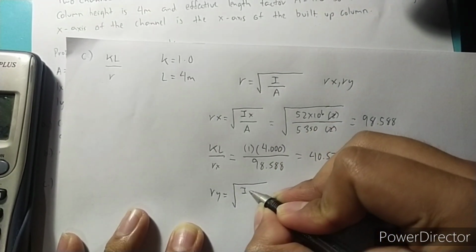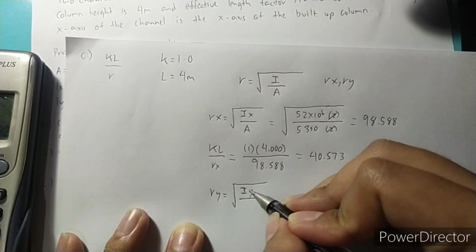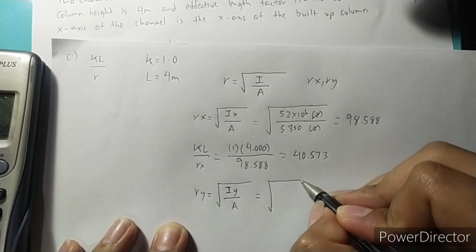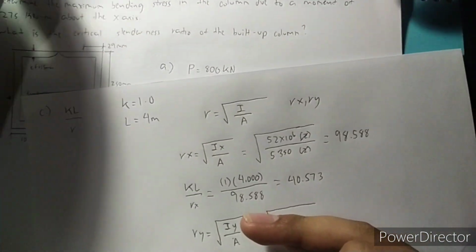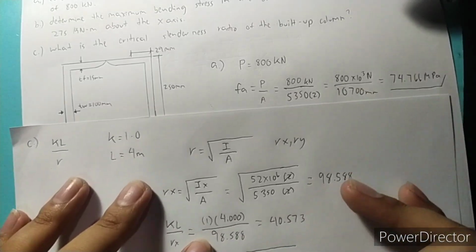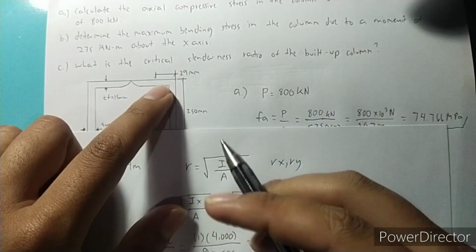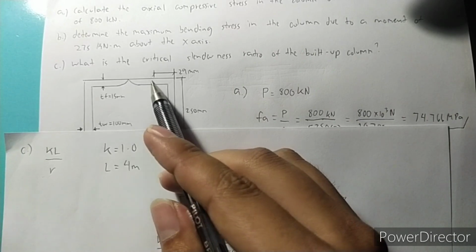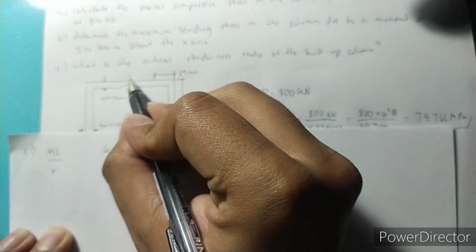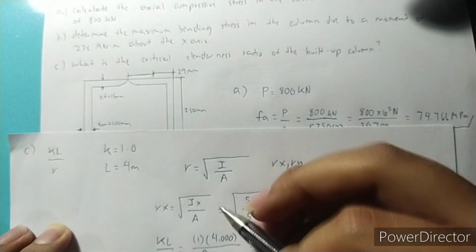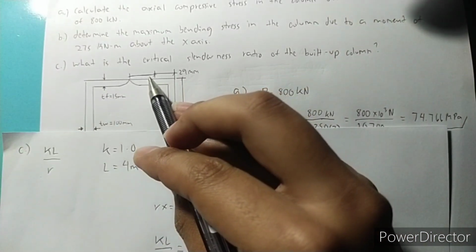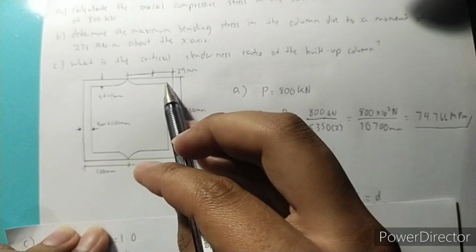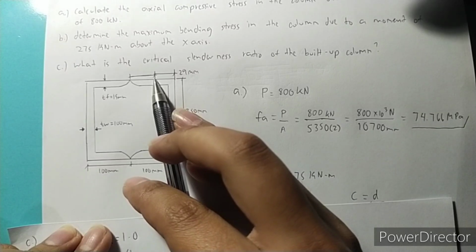So, ito na kasi, ry equals moment of inertia with respect to y over A. So, equals to, dito kasi sa problem natin, hindi natin alam si Iy, so kailangan natin gamitin ang parallel axis theorem.